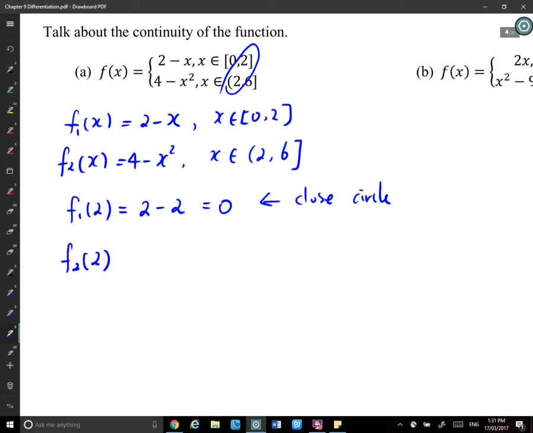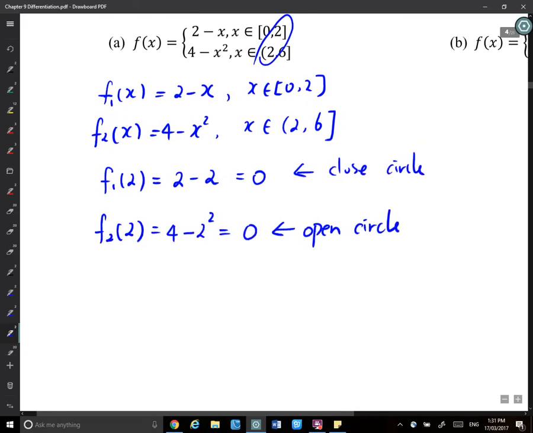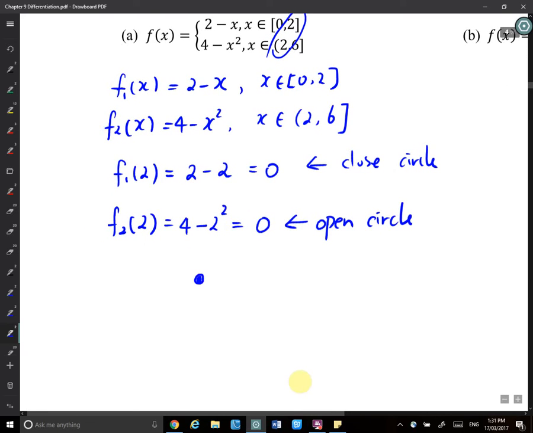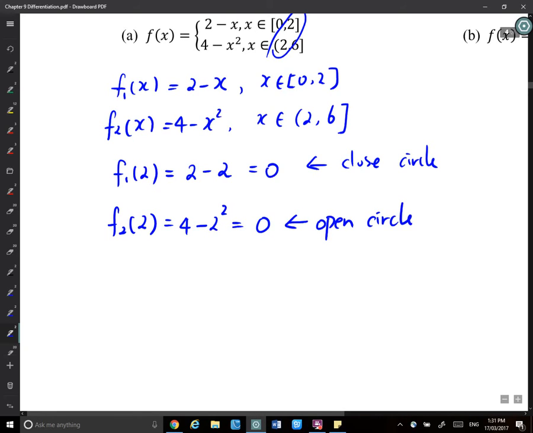For f2(2), you substitute 2 in. You have 0 as well, but that will be an open circle. But a closed circle and an open circle become a closed circle, which means the point is connected. At the same x, you have the same y value, which means the graph is connected.